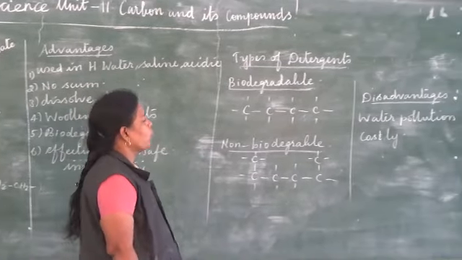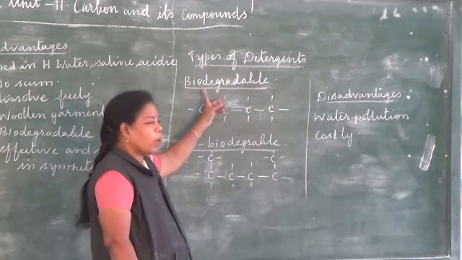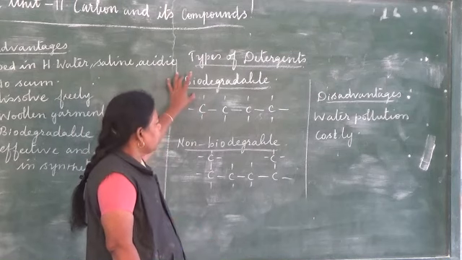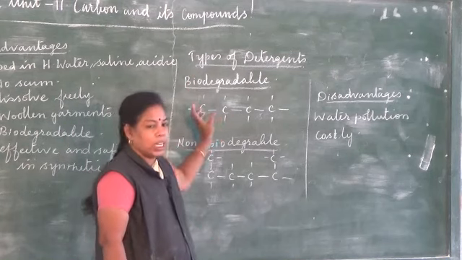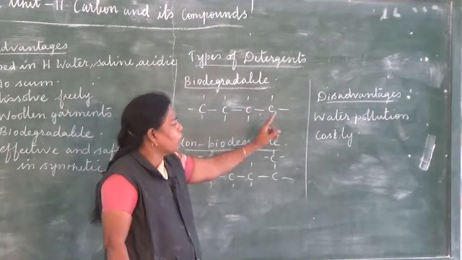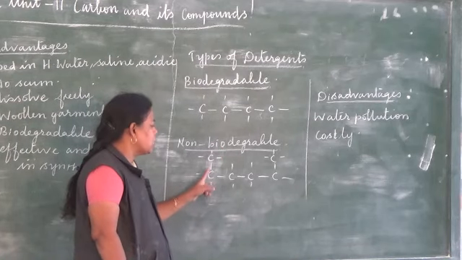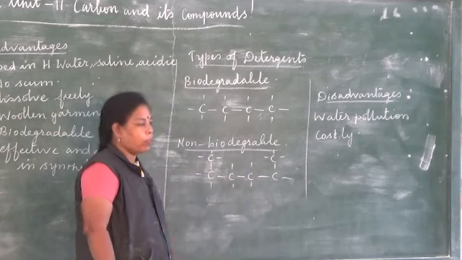And then next we are going to see the types of detergents. There are two kinds of detergents, biodegradable detergent and non-biodegradable detergent. Biodegradable detergents have a long, linear chain of hydrocarbon, and non-biodegradable detergents contain a branched chain of hydrocarbon.